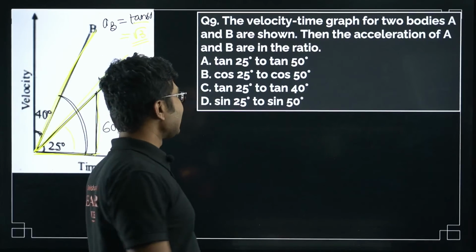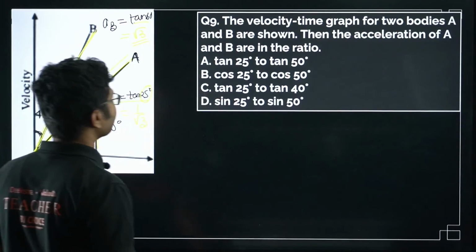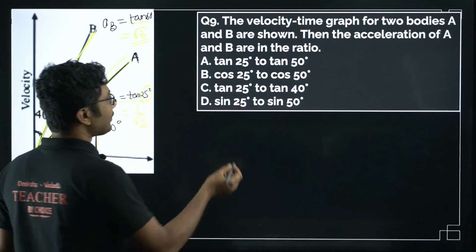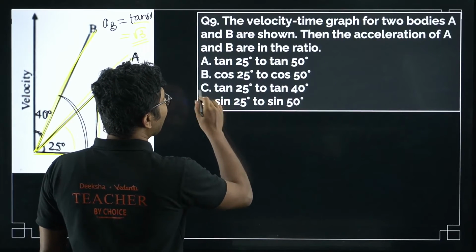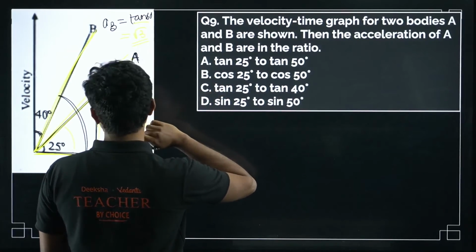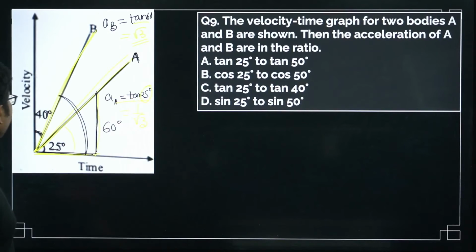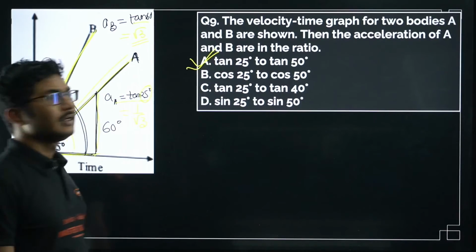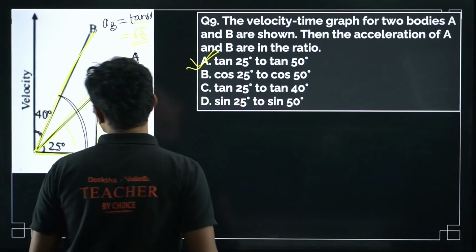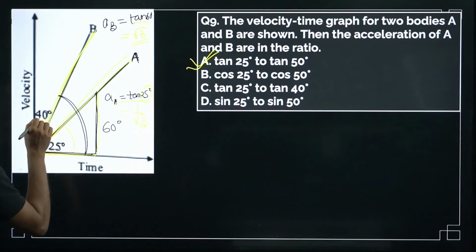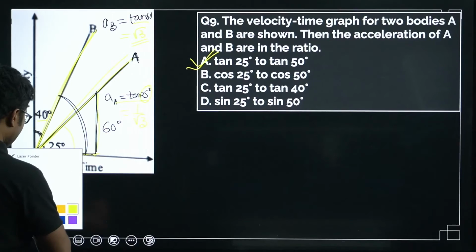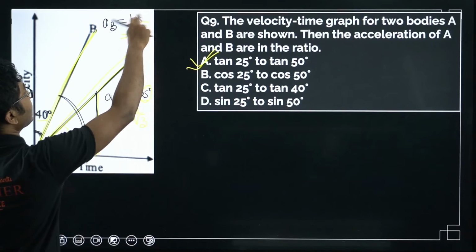So what is the ratio of their accelerations? They have asked for the ratio of the acceleration, nothing else. So the ratio is tan 25 to tan 60. The answer should be tan 50, sorry, my mistake. 90 minus 40 is 50 only, not 60.